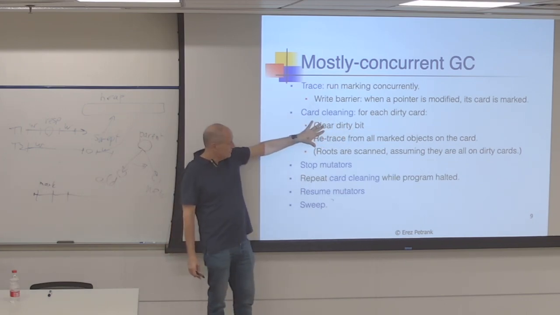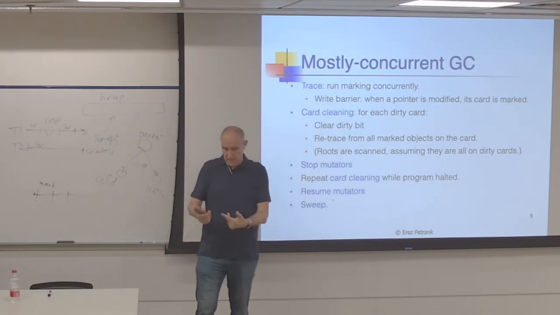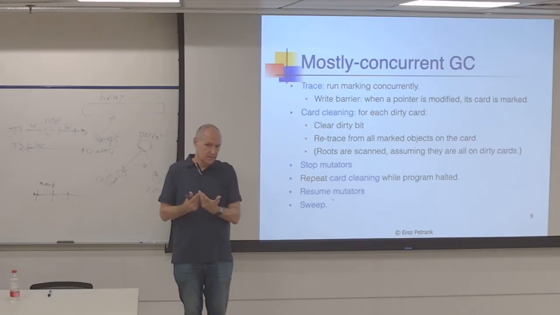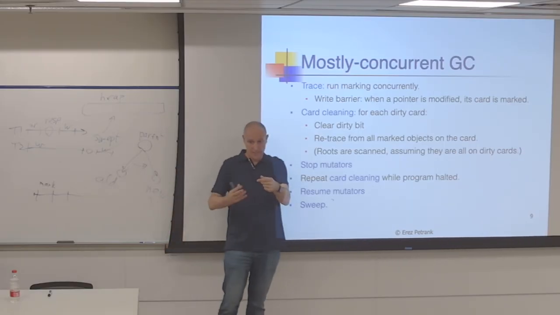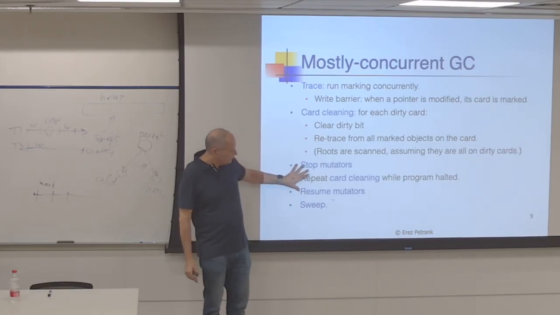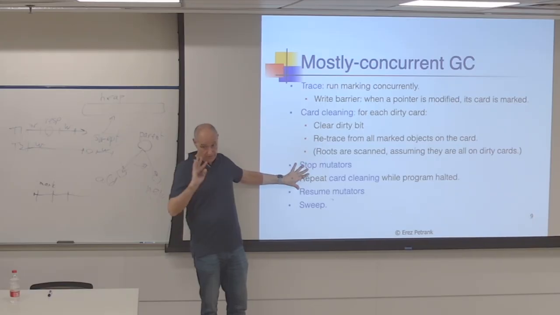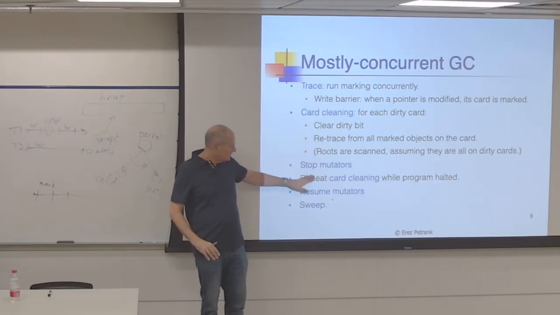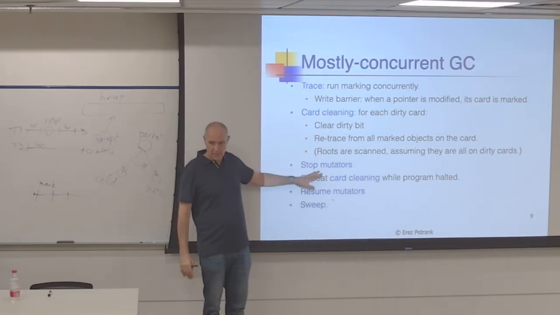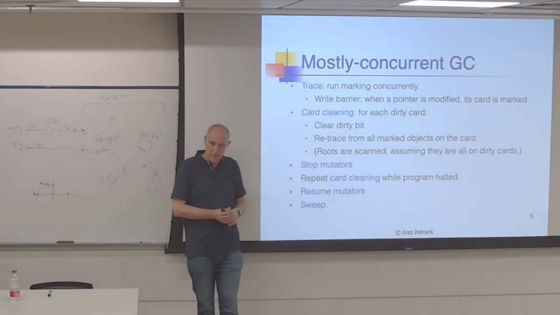If you don't do this, you have more cards to clean, and the objects that you find that you haven't found before, you really have to trace all their descendants, which takes time. And you really don't want to do all that while the mutators are stopped. You want to get here when you have dirty cards to check, but most of them point to objects that you've already marked. So you really don't have to spend a lot of time here. This is the valuable time, the time you want to reduce.